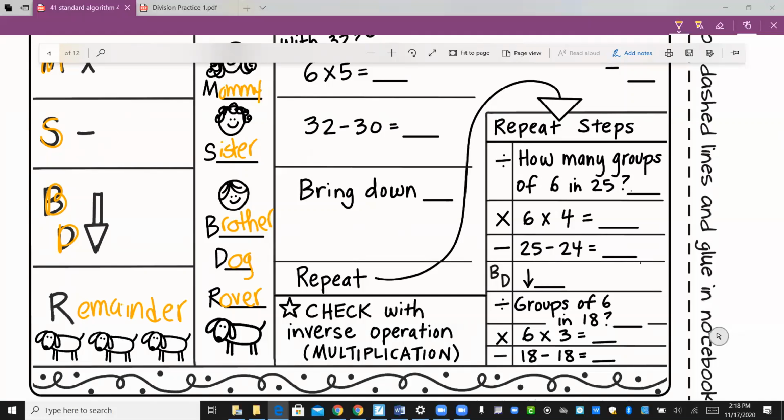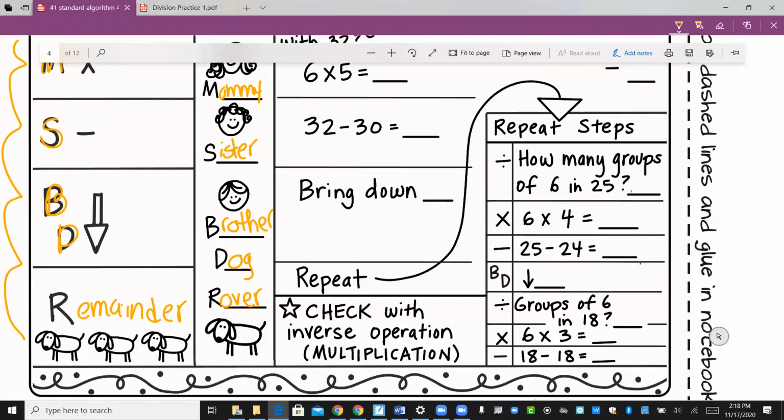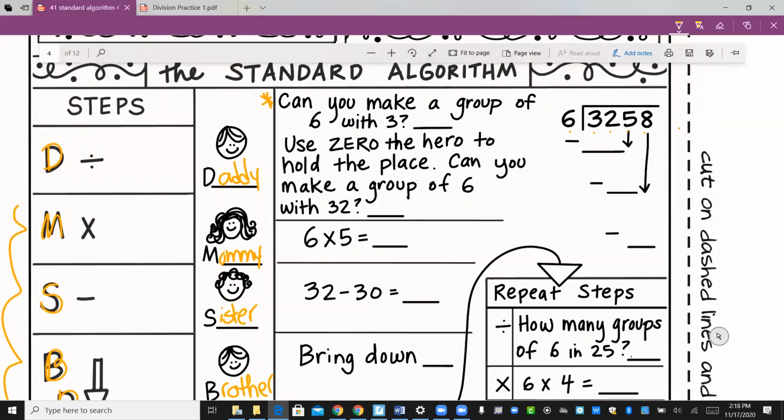We're going to use this area here to help us check off those steps as we complete them while we're dividing.